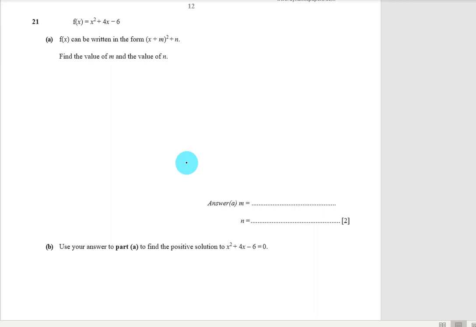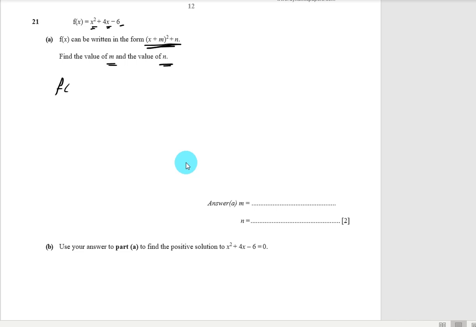Let us go ahead with another question. f of x is x squared plus 4x minus 6. f of x can be written in the form of (x plus m) squared plus n. Find the values of m and n.